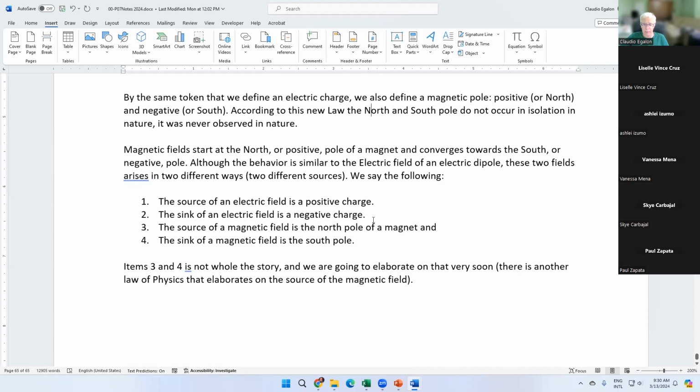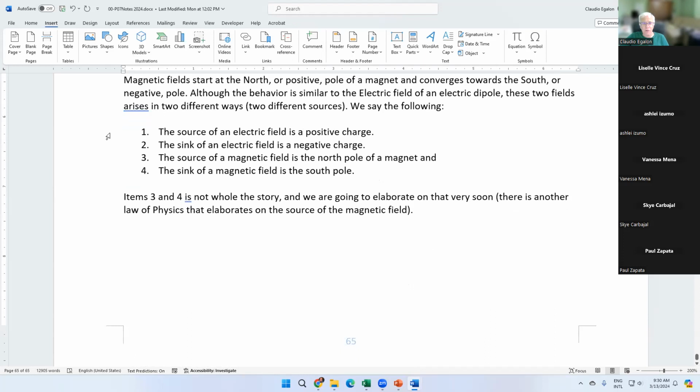That's the differences between the electric field and the magnetic field. Differences between the electric field and the B field, the magnetic field.